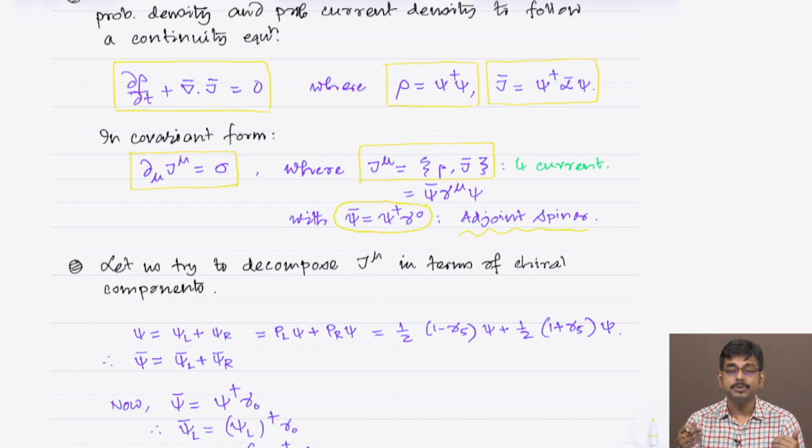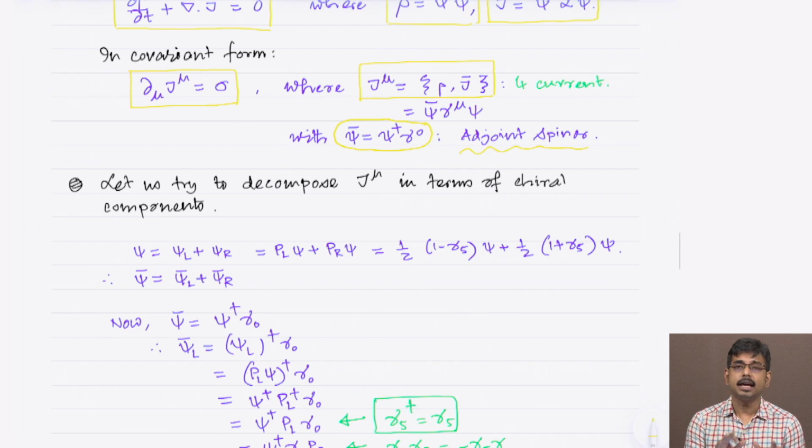Now, what I am going to do is try and decompose this current, which is psi bar gamma mu psi or J mu, in terms of the chiral states, and let us see what we can do. The first thing that we have already seen is that psi is equal to psi L plus psi R, where this is PL psi plus PR psi, which is half of 1 minus gamma 5 psi plus half into 1 plus gamma 5 psi.